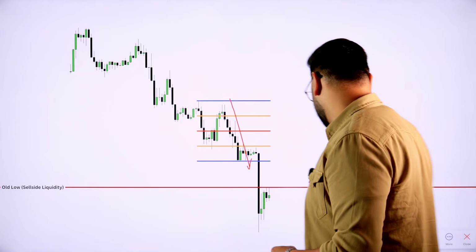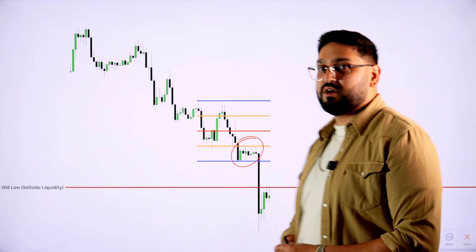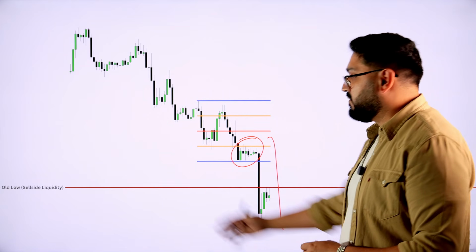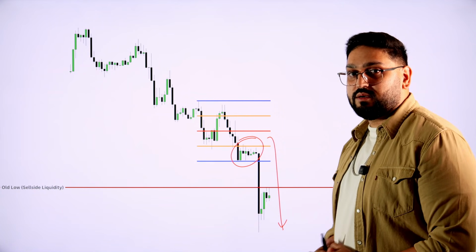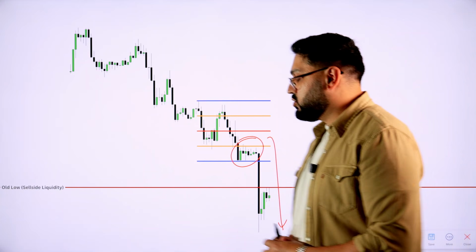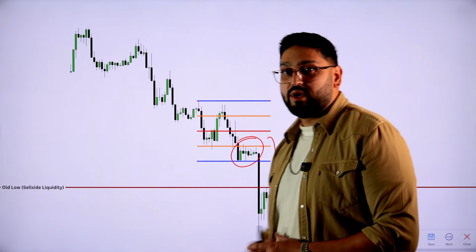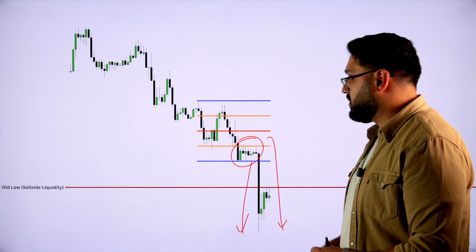Now, in our second stage of distribution, which occurs over here, at that 75 DRT level, we anticipate the market to really run for those sell stops below the old swing low. Why is that? Because the algorithm does not want to let those traders off the hook who have their stops below that liquidity pool. So it's going to really drive into that liquidity.